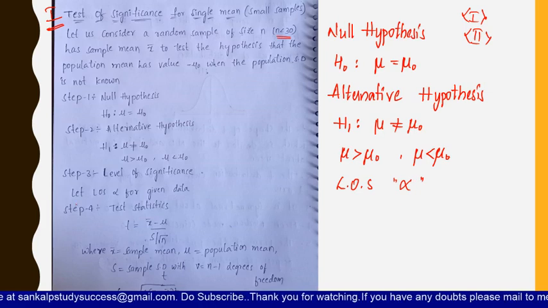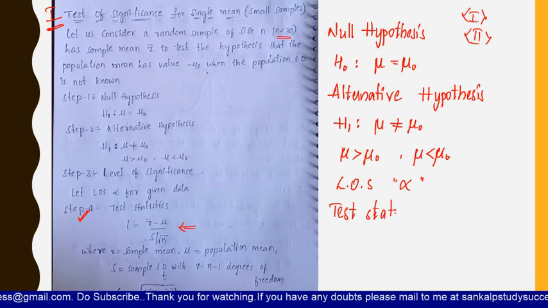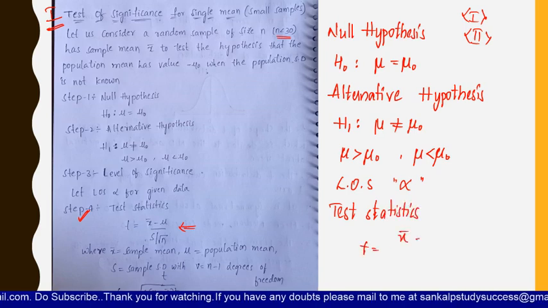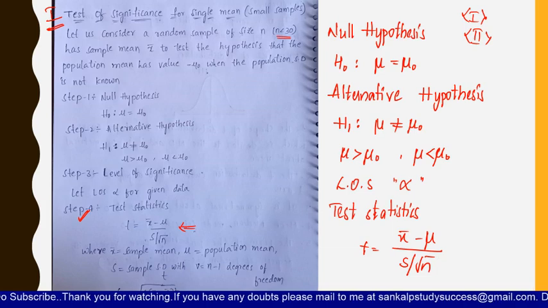Now coming to the test statistic, which is the most important one, where we will use the t distribution formula. The test statistic is t equals x bar minus mu divided by s by root n, where s is the sample standard deviation.